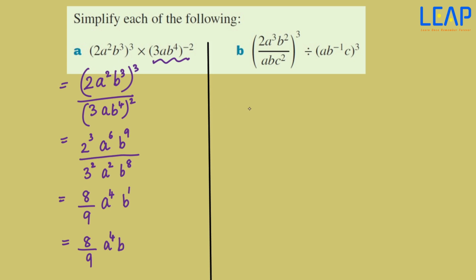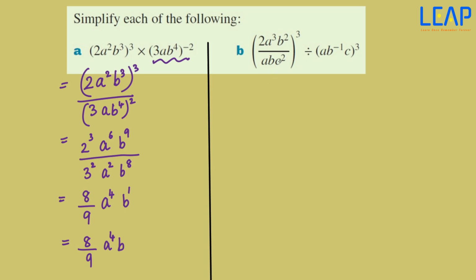Now let's move on to question B. The first part is already nice and simple. It has a positive exponent, so you just have to bring the exponent down to the numerator and denominator. The right hand side is where you have a division in between, so that makes it a little bit more tedious. There are multiple ways in which you can solve this.